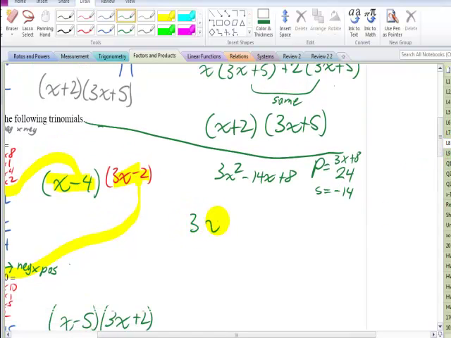Okay, so 3x squared doesn't change. The plus 8 doesn't change, not like I did up top. But what does the middle term split into? No, let's multiply 24. 2 and 12? What should they both be? Negative. So minus 2x minus 12x.